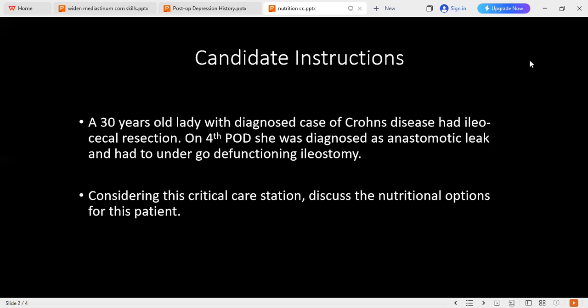Prolonged giving of total parenteral nutrition can lead to fractures, pneumothorax, central vein thrombosis, and cardiac arrhythmias, among many other causes.